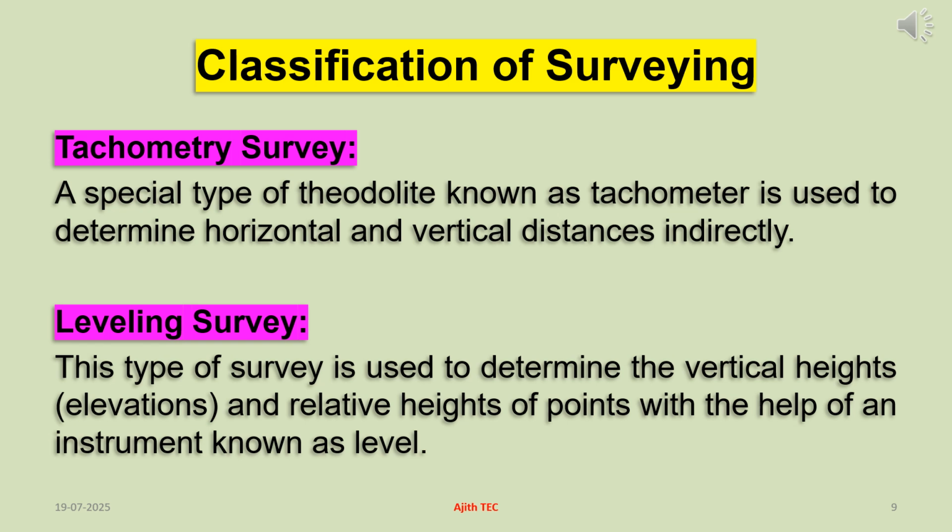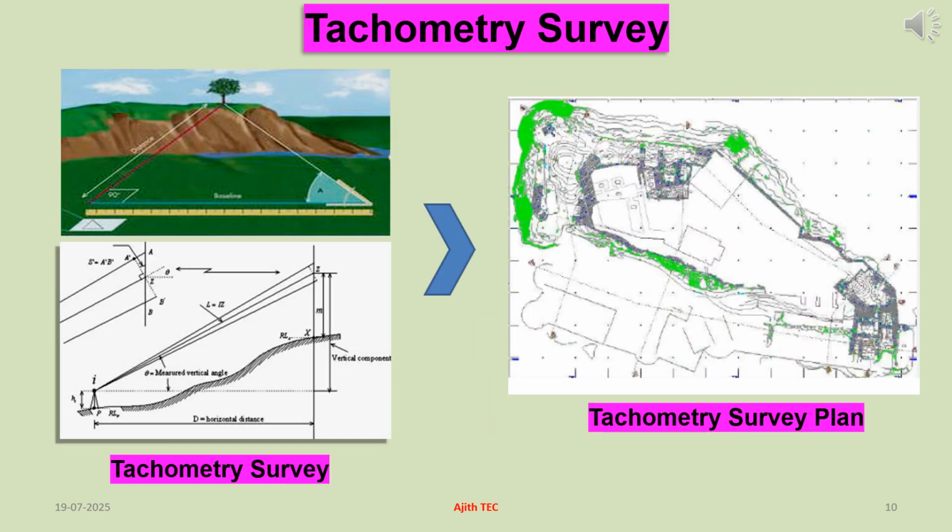It's a crucial part of surveying that establishes elevations and provides data for mapping, construction, and other applications where vertical position is important. This slide shows how to perform tachyometry surveying and prepare required survey plan according to ground features.